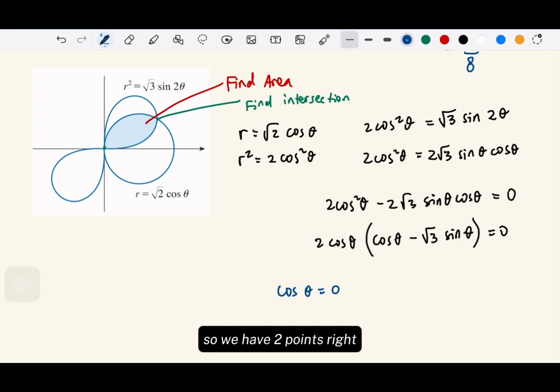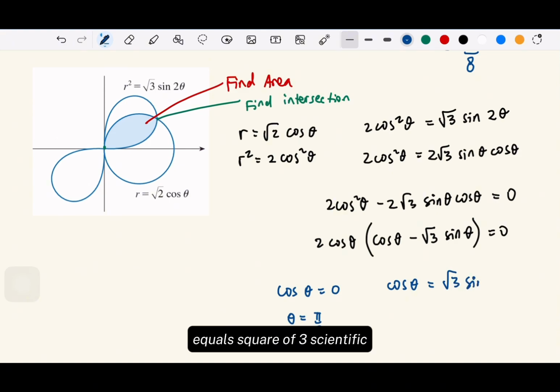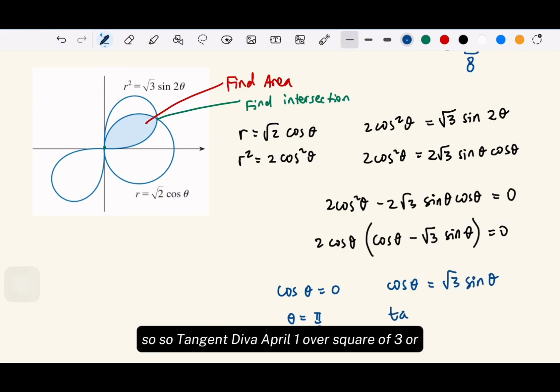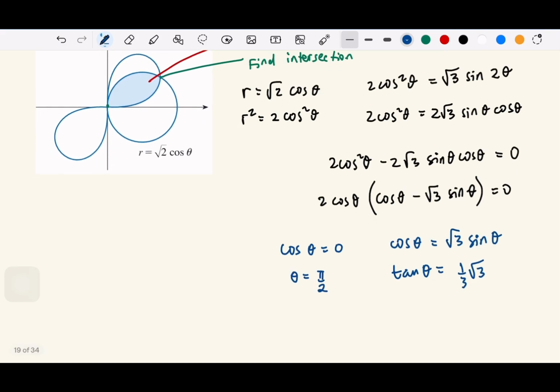So cosine theta equals 0, so theta can be pi over 2, and then cosine theta equals square root of 3 sine theta, so tangent theta equals 1 over square root of 3, so theta will be pi over 6.